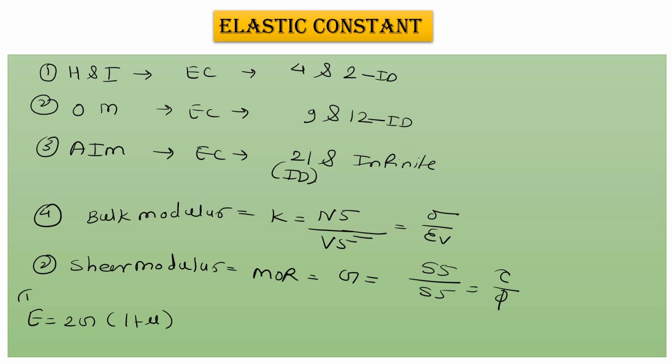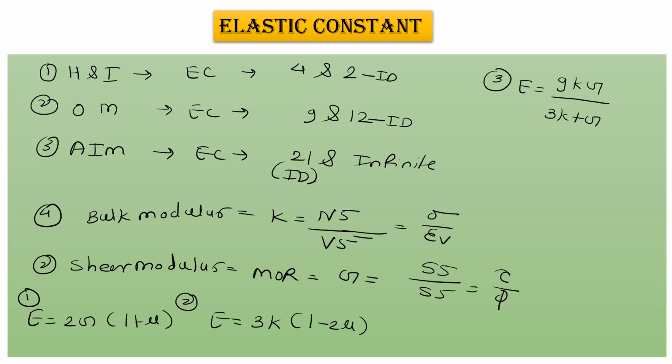The second formula is E equals 3K times (1 minus 2 mu). The third formula is E equals 9KG divided by (3K plus G).